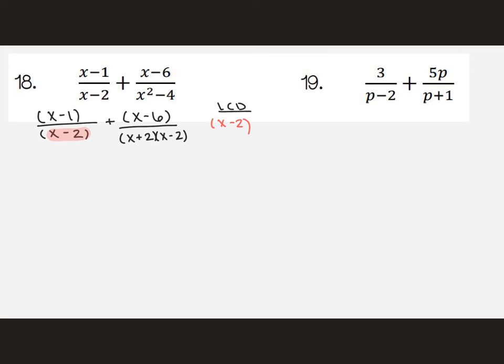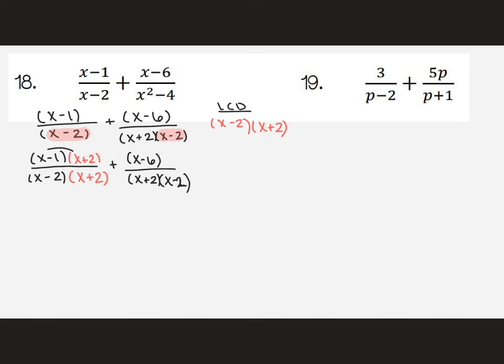I don't need to include this x minus 2 again, so the only remaining item would be the x plus 2. Then I want to rewrite so that my denominators match the least common denominator. In this first fraction, I am missing x plus 2. Anything I need to add to the denominator, I also add to the numerator. The second fraction already has the least common denominator, so I don't need to add anything there.